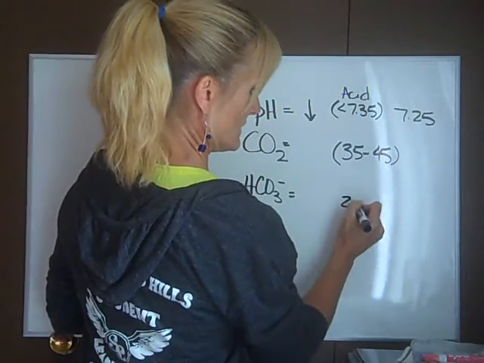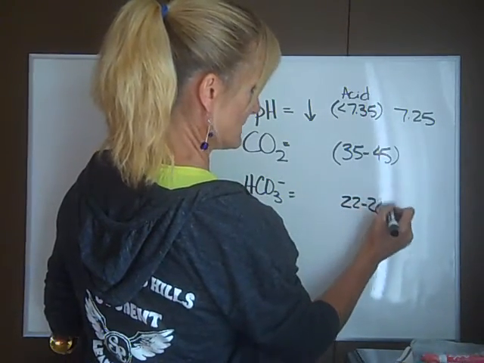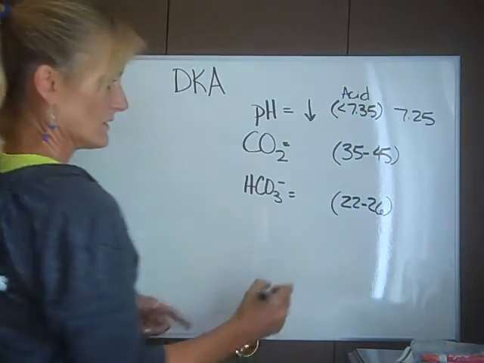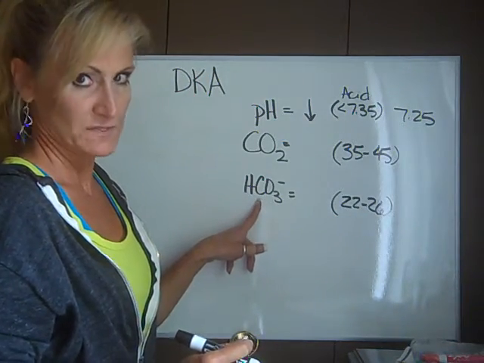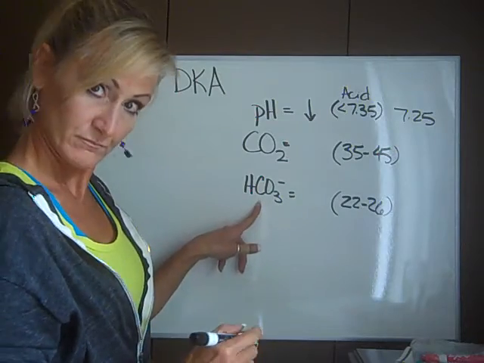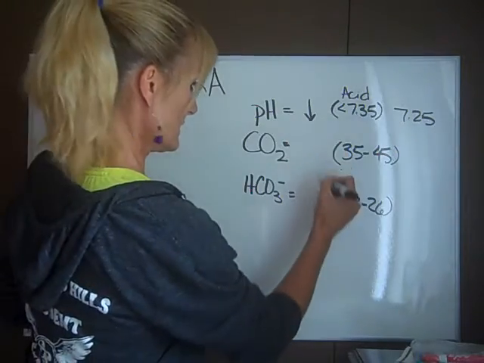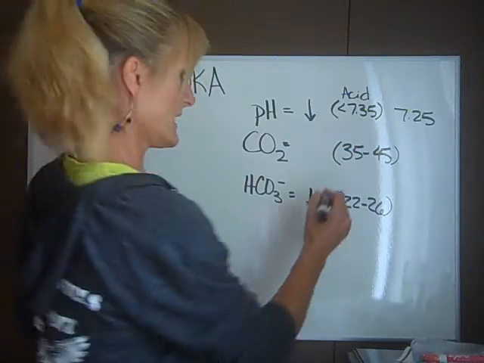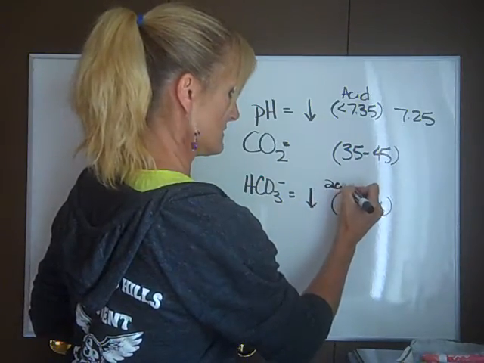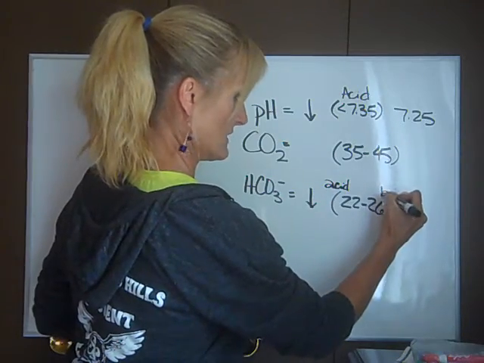And again, your normal here is 22 to 26. So what do you think the bicarb is going to be doing? It's going to be low, like this, because you're heading towards acid. So this is acid down here. This is more base.